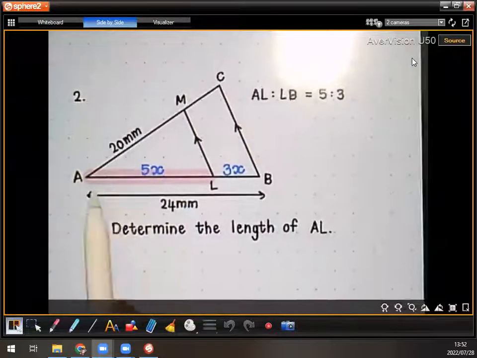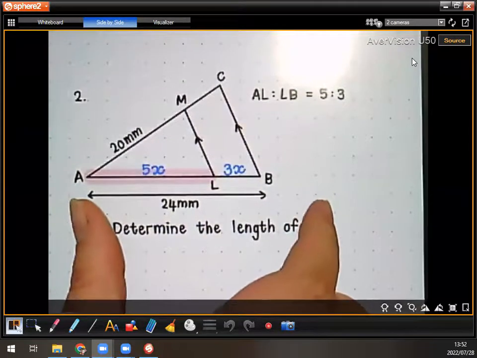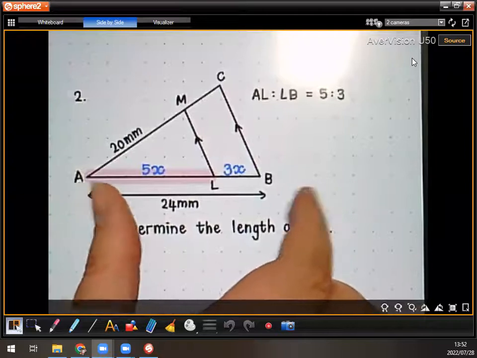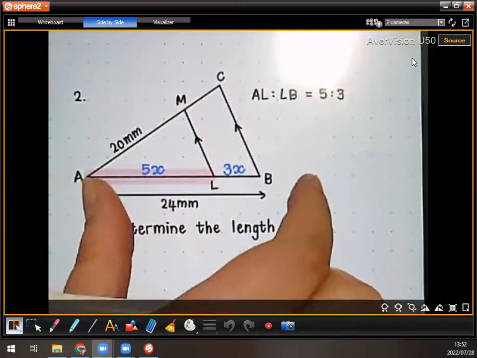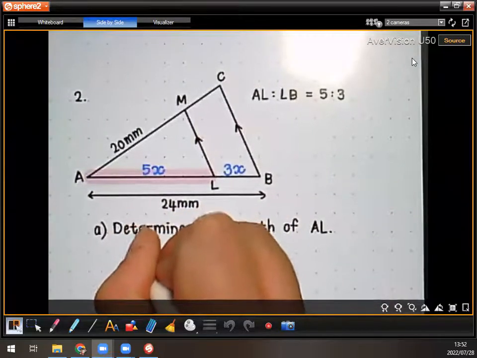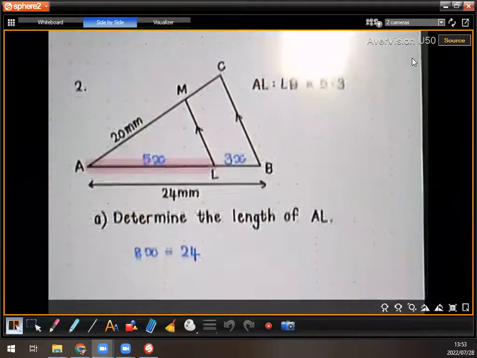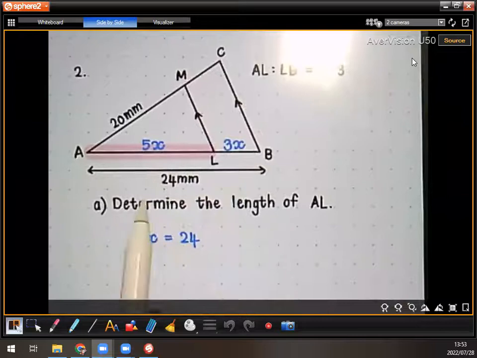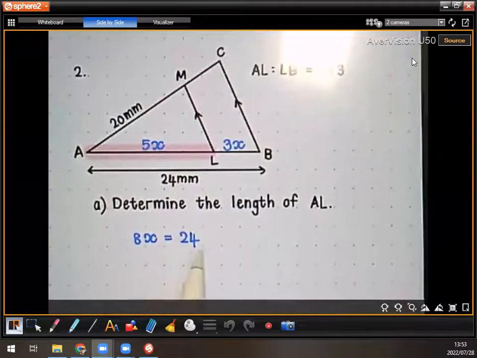So guys, if this side is divided in the ratio 5 to 3, how many parts is this side in total? 8 parts, right? 5 parts and 3 parts, so 8 parts. So I'm going to say that the 8 parts would be equal to 24. I'll show you a different way of writing it, which some of you might feel more comfortable with.